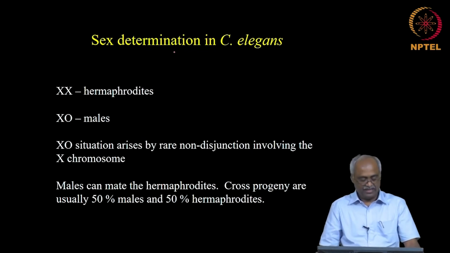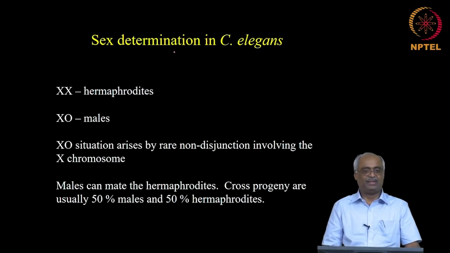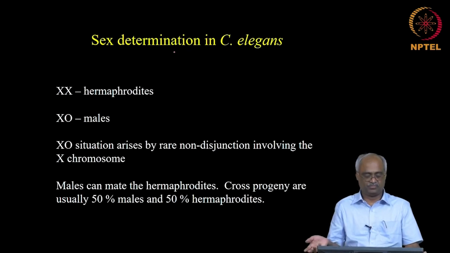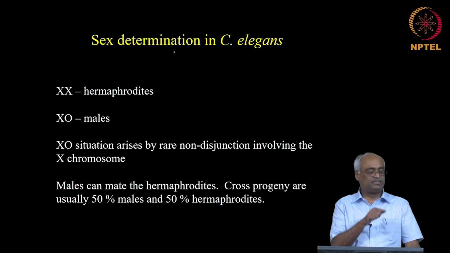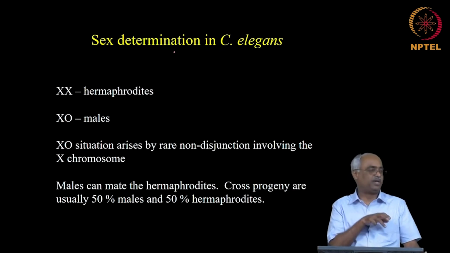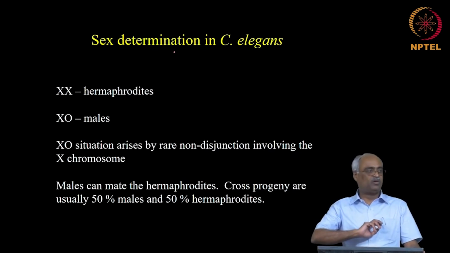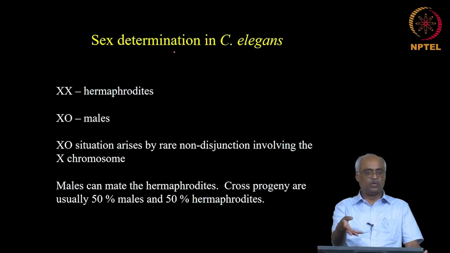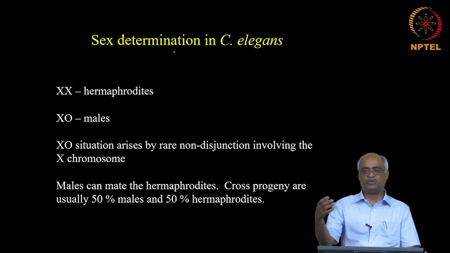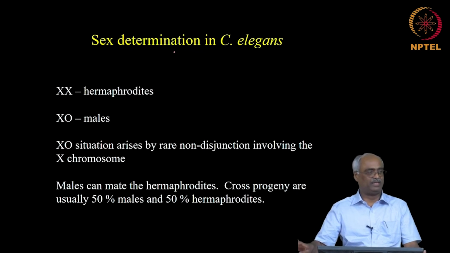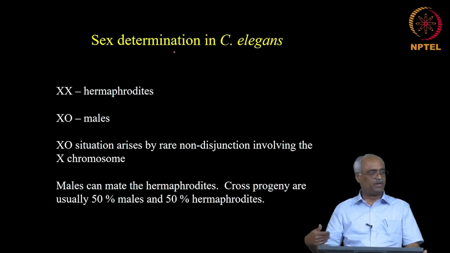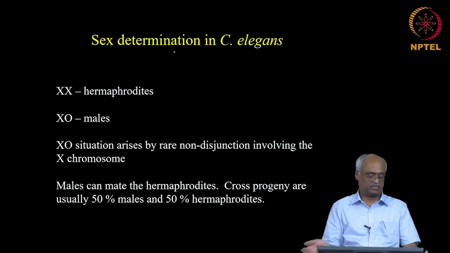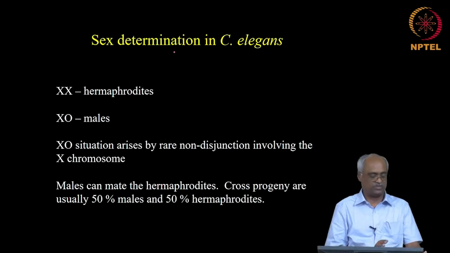Okay, people usually say X to autosome ratio. So I will simplify that as the number of X chromosomes: 2 X chromosomes, female; 1 X chromosome, male. And this X0 arises usually due to defects in meiosis called non-disjunction, where both the homologous chromosomes go into one of the daughters after meiosis 1, therefore the other daughter lacks that chromosome entirely, and after meiosis 2 the gamete you get will not have the X chromosome if non-disjunction happened with the X chromosome.